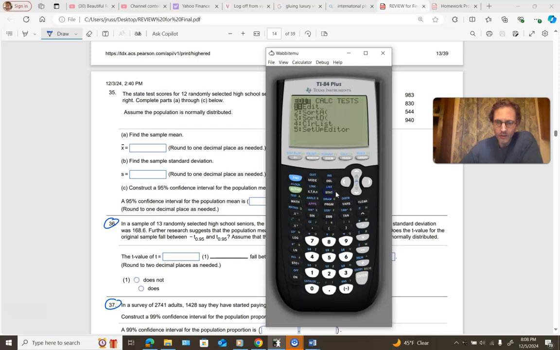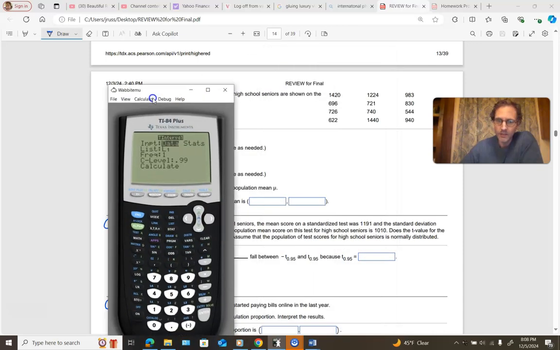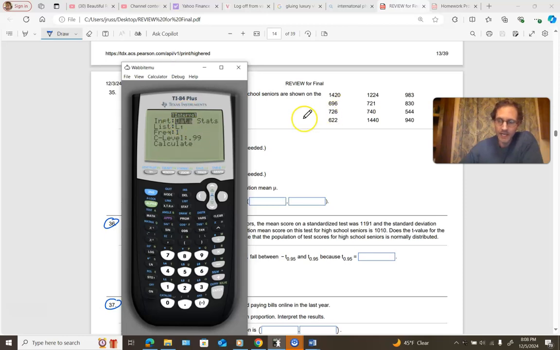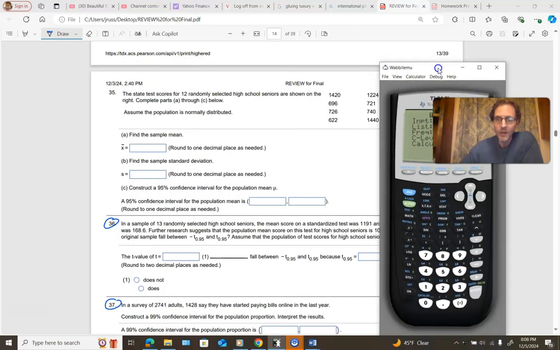If you go to do a t-interval, instead of using stats, come over here and click on data, and then make sure whatever list you put that data in, this is the list that you're referencing. The nice thing is that the calculator will calculate the mean and the standard deviation for you, and then it'll construct this confidence interval.